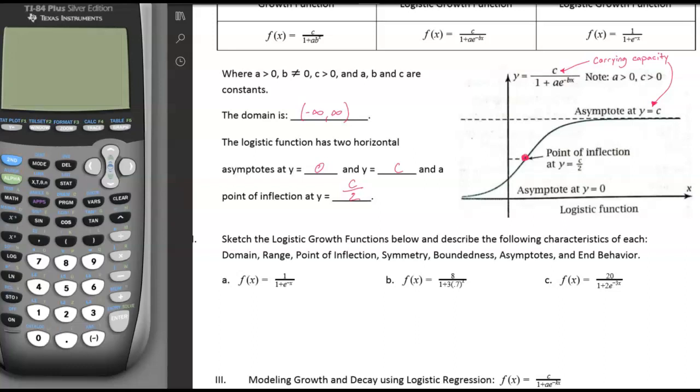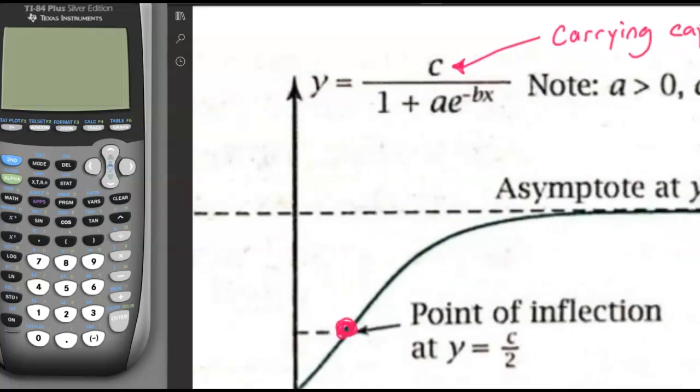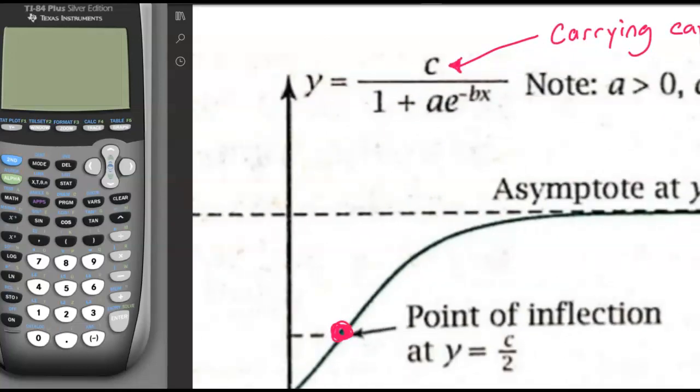I also want to mention that the b value in this growth function, that b value is your growth factor, it's called. Growth factor. It will always have a negative in front.